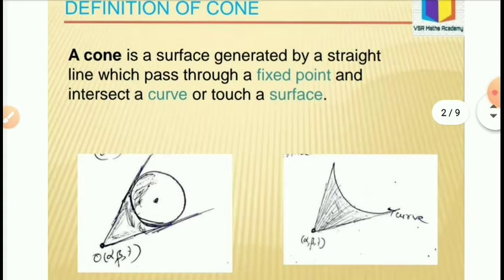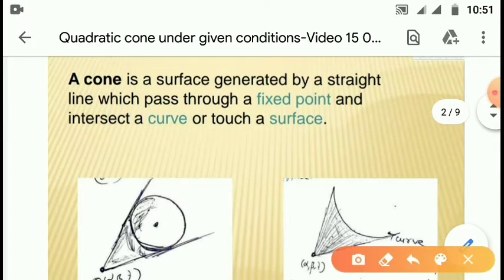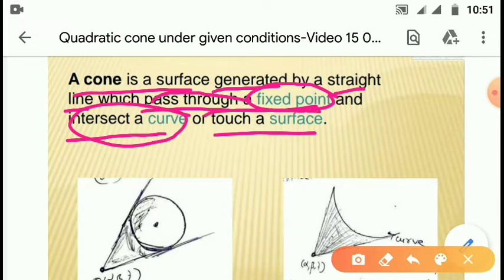A cone is a surface which is generated by a straight line which passes through a fixed point and intersects a curve or touches a surface. So here there is a fixed point, and straight lines passing through this fixed point and intersecting a particular curve or touching a surface generate a surface which is called a cone.